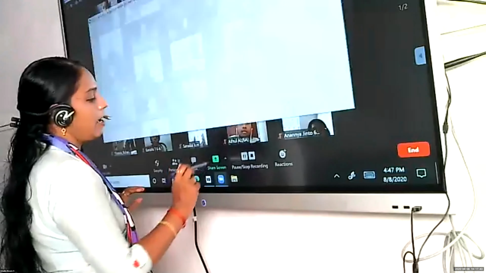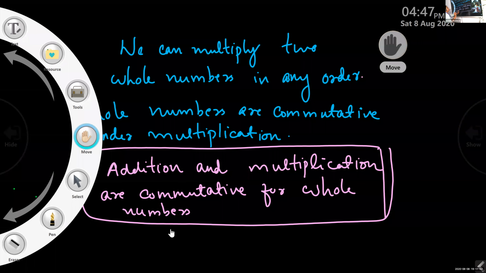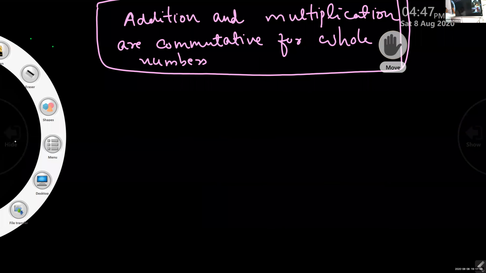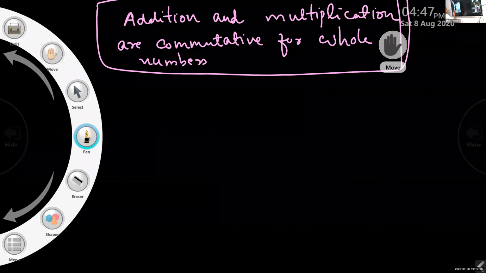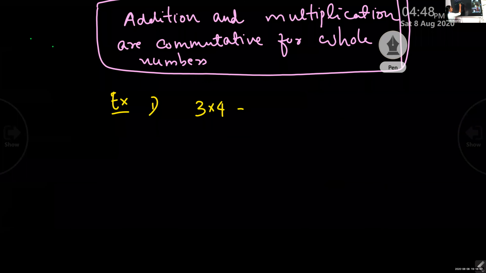Now, children, I will write the examples. Examples I did not write. Shall I erase this and write the example? I'll scroll the board upwards. Okay, write the examples. Multiplication. 3 into 4, example 1. 3 into 4 equal to 12.